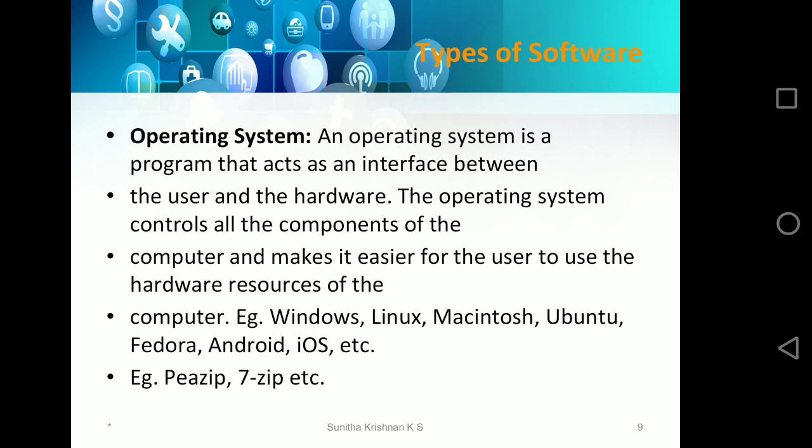We all use computers, and we all directly log into the operating system. Actually, the interface we see is by the operating system. There are so many types of operating systems available. The most common are Windows, Linux, Macintosh, Ubuntu, Unix, etc.